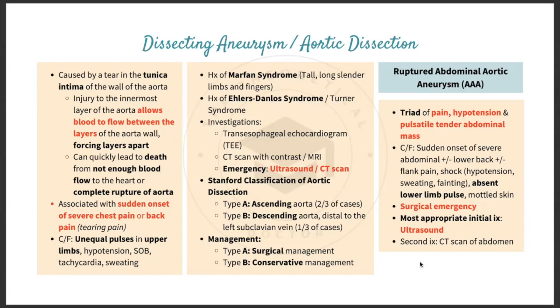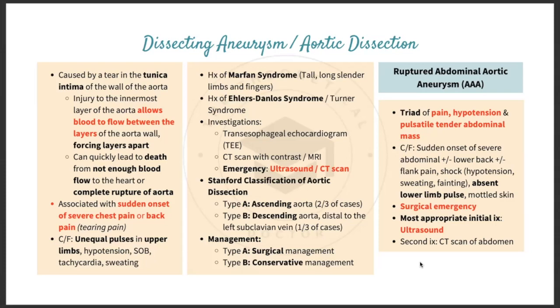So the blood just continues to flow, and eventually it enters the space where there is a tear. Over time, this tear can progress, and when it progresses, it forces the layers apart, making a very large tear. And this is dangerous because it can lead to death from not enough blood flow, or when there is a rupture, in the case of a ruptured abdominal aortic aneurysm.